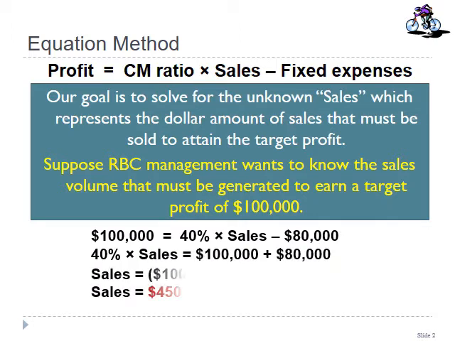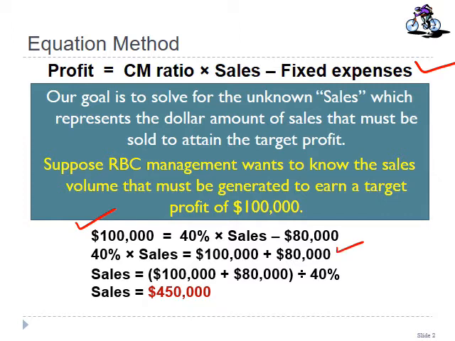So here you can find out easily how much the target sales is. In order to earn 100,000 profit, you just put the values in the formula. 100,000 is the profit, you rearrange the equation and solve it for S, sales, and we find out that it is $50,000.